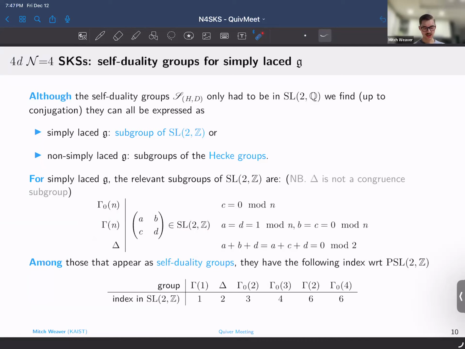And among those that actually appear as self-duality groups, they have an index with respect to PSL2Z or SL2Z, which is given in the following table here. This just might be good background data to recall when we compare with reading between the lines.